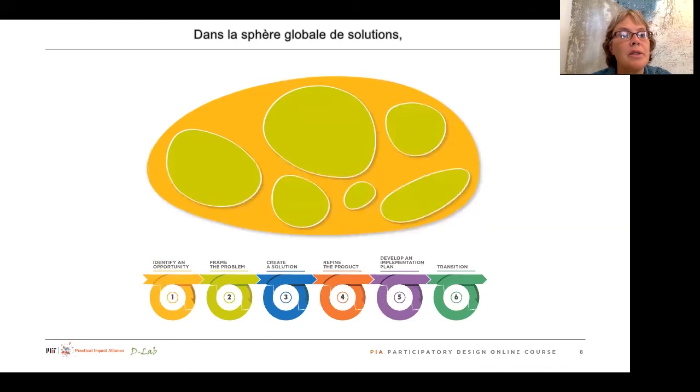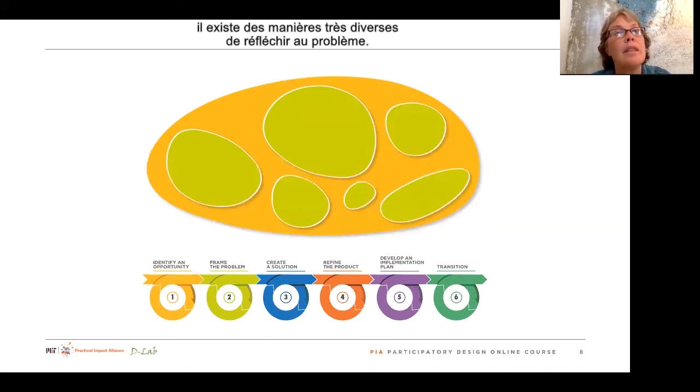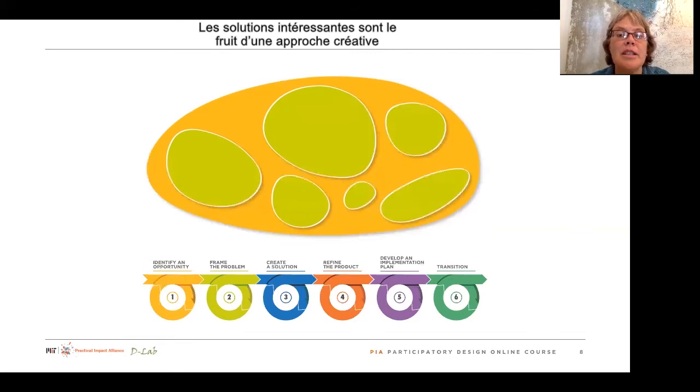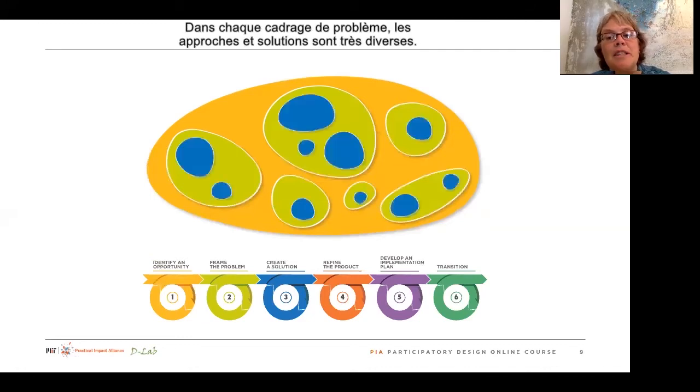Within the overall solution space, there are many different ways that you can think about the problem. These are the problem framings. Interesting solutions come from creative ways of looking at the problem and exploring the solution space of the opportunity. Within each problem framing, there are many different approaches and solutions, and the design process helps you to choose the best solution to move forward with.